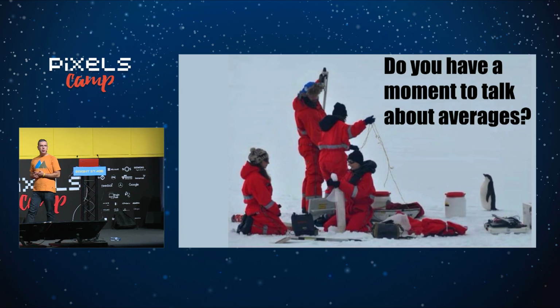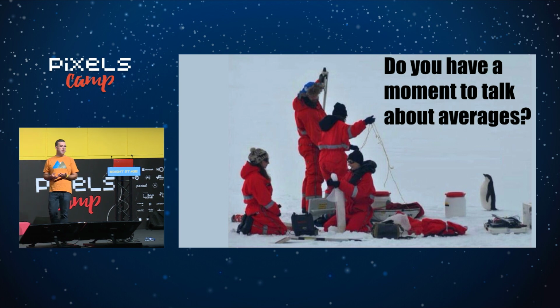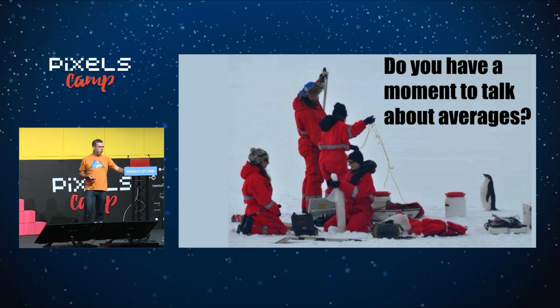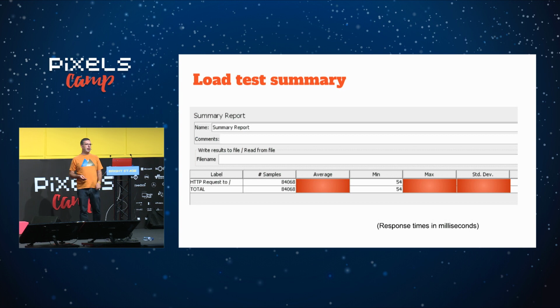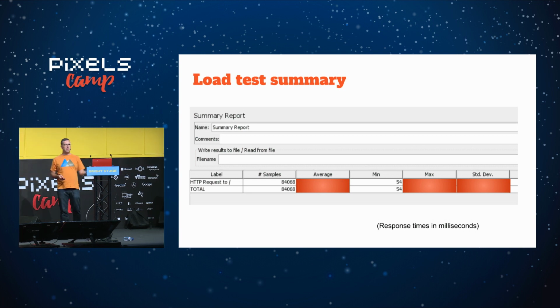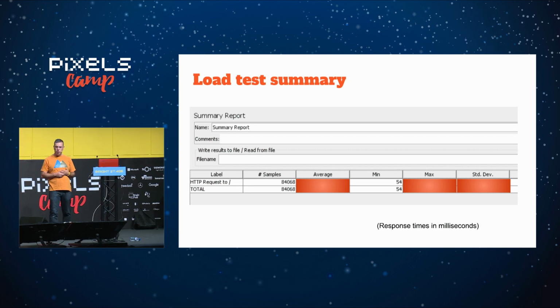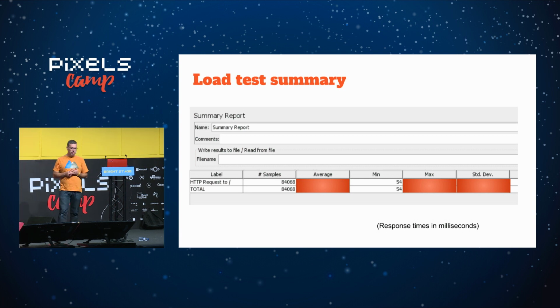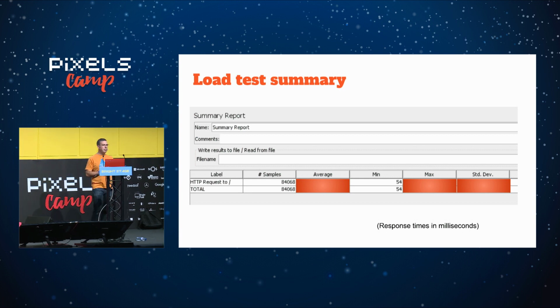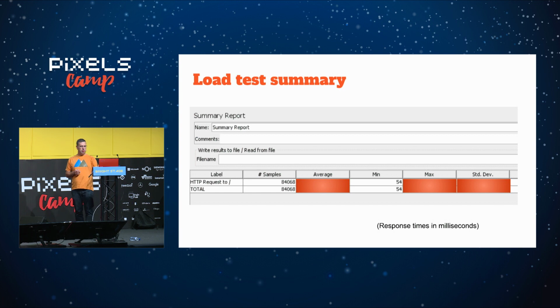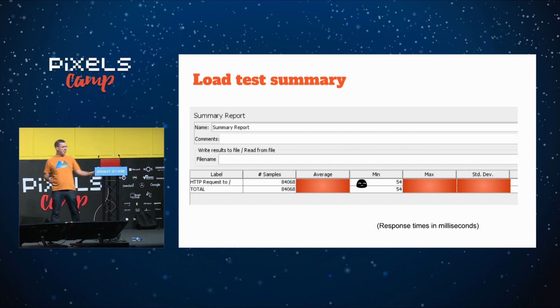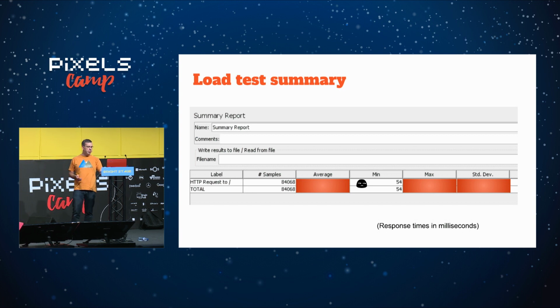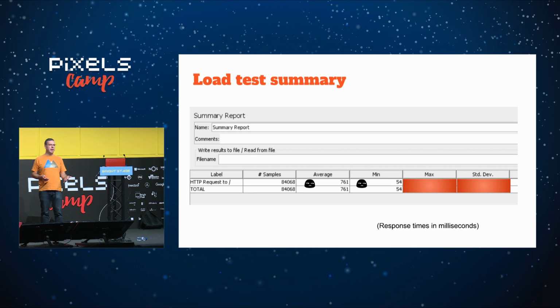Now let's take a moment to talk about average and statistics. Let me give you an example from another load test that I once ran. In this load test, we got a minimum of 54 milliseconds, which is kind of meh. Not bad, not good. But we have an average of 761 milliseconds.